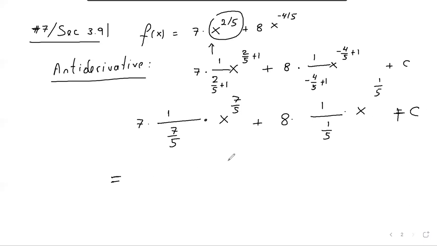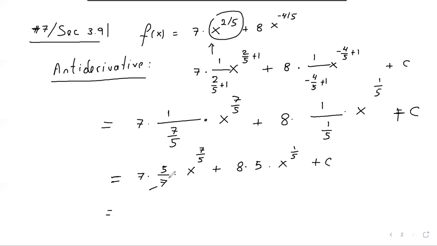And this is going to be equal to, by the way, folks, 7 times 1 over 7/5, which is 7 times 5/7, times x to the 7/5, plus 8 times 5, right? 1 over 1/5 is 5, times x to the 1/5, plus c.